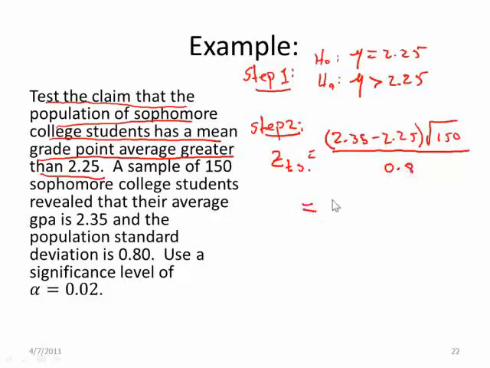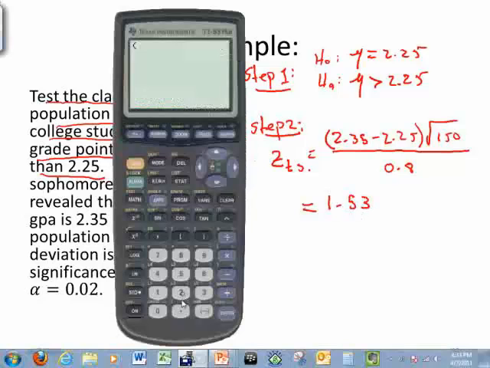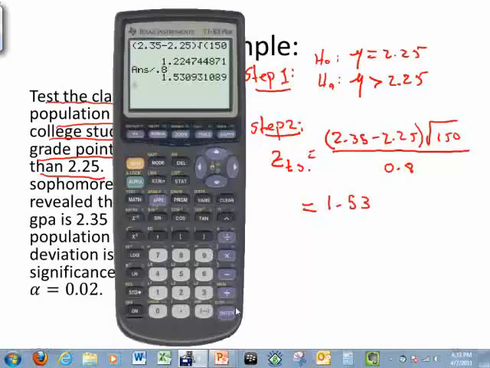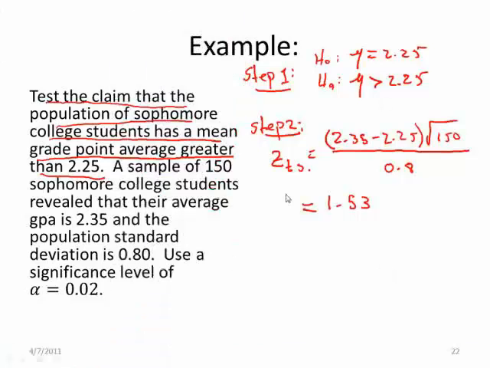If you crunch that, you should come up with a test statistic of 1.53. So 2.35 minus 2.25 times the square root of 150, divided by 0.8. So 1.53. All right, so we have our test statistic.